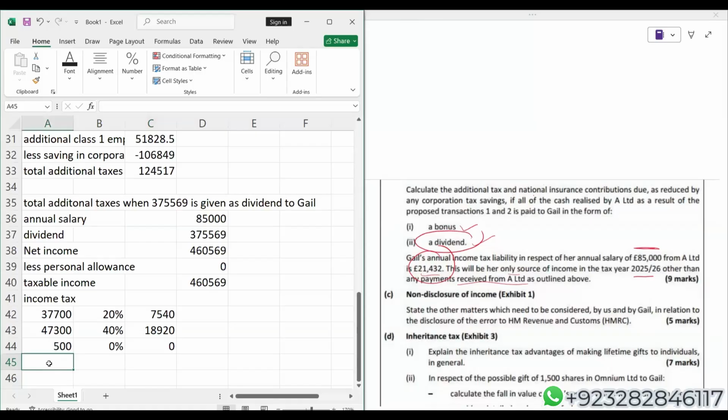Now we have to check how much space is left in the higher rate band. 1,25,140. We will deduct this, and this. Of course, now everything is dividend income, and still we have a space of 39,640 in the higher rate band. Applicable rate is going to be 33.75%.